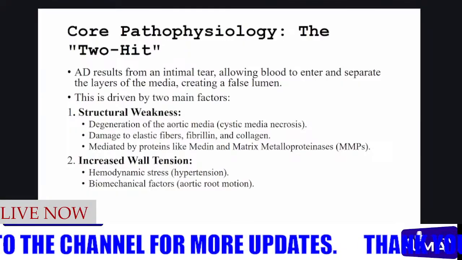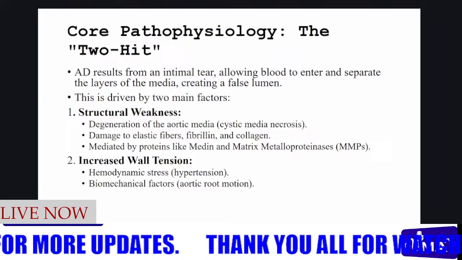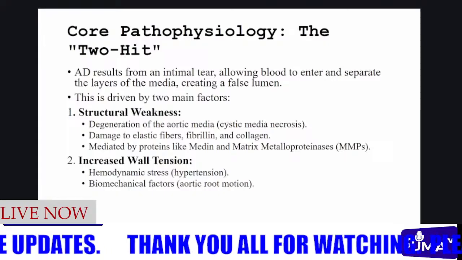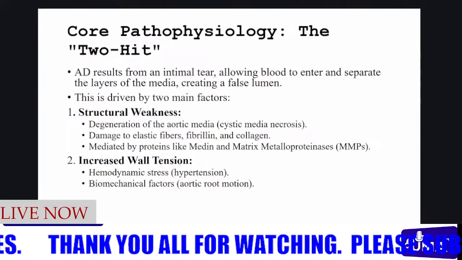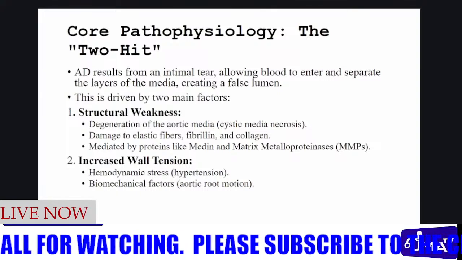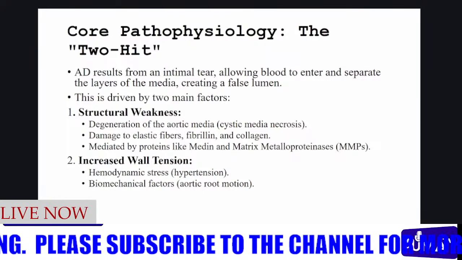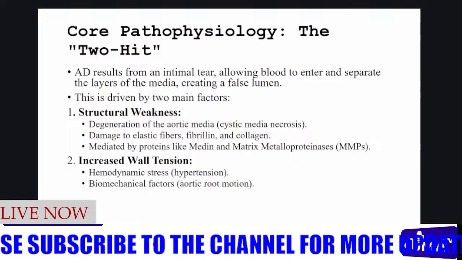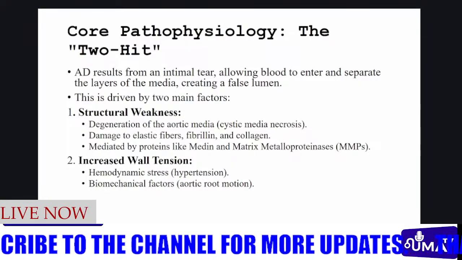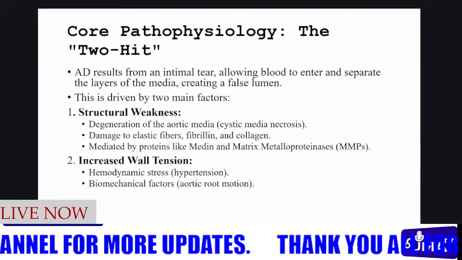Pathophysiologically speaking, you have two things. Either you have weakness of the wall itself, or you have tension. Now, the common one is hypertension. It causes wall tension. But like what Dr. Musoka has described, you have other things that can cause weakness in the wall, those anomalies, those syndromes he was describing.